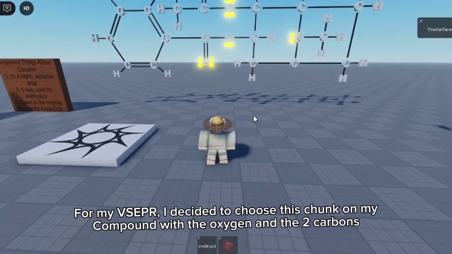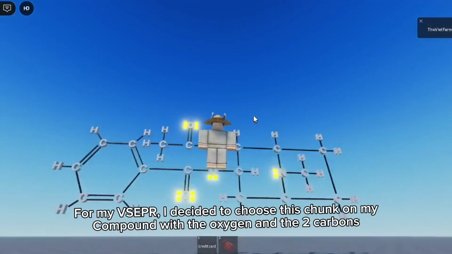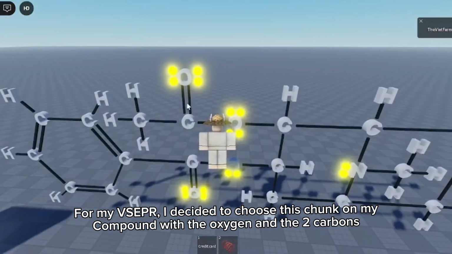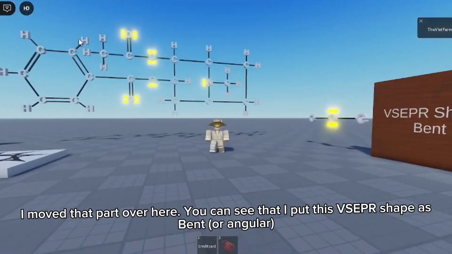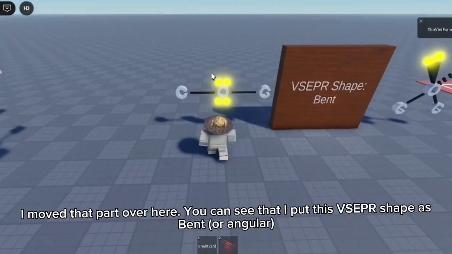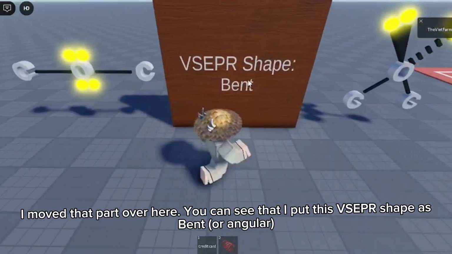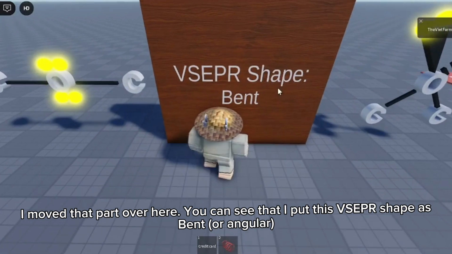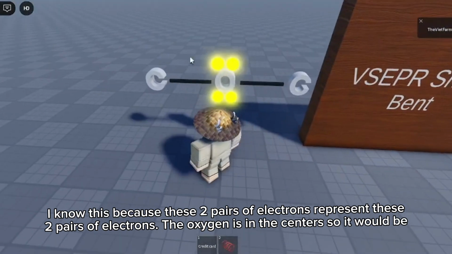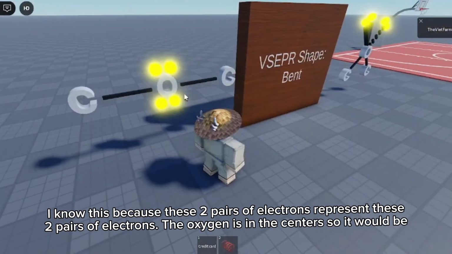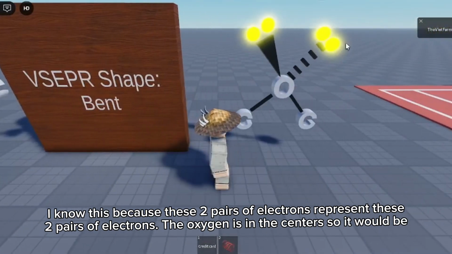For my VSEPR, I decided to choose this chunk of my compound with the oxygen and the 2 carbons. So I moved that part over here, and we can see that I put this VSEPR shape as a bent, or technically called angular as well. And I know this because these 2 pairs of electrons represent these 2 pairs of electrons.